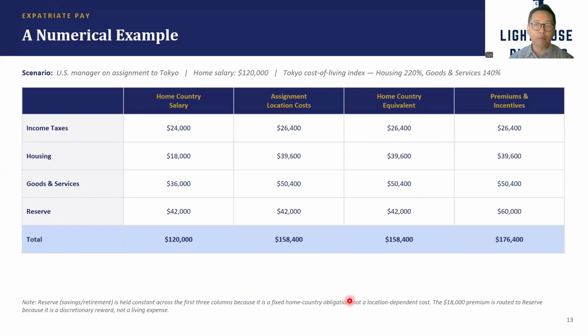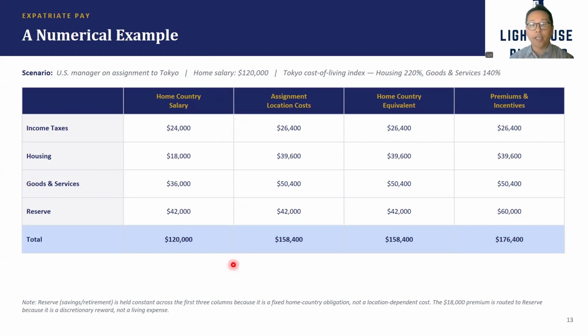Let's put real numbers behind the diagram. We just looked at the diagram with the 4 columns. Imagine a U.S. manager earning $120,000 a year who's being sent on assignment to Tokyo. Start with the first column, the home country salary.